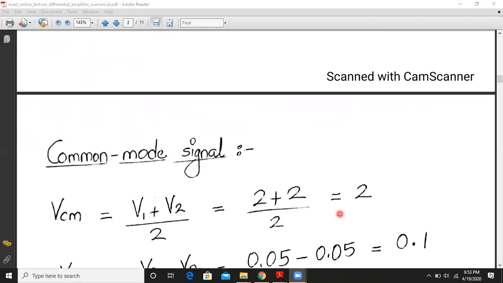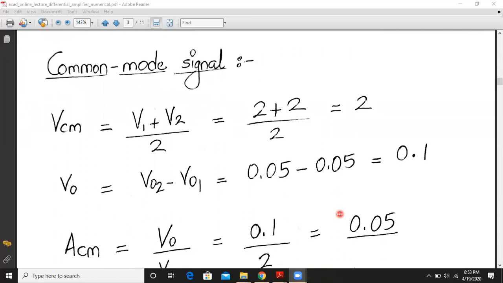The second condition says both the inputs are 2 sine omega t. So the magnitude is 2 for both the inputs. The common mode input definition is V1 plus V2 divided by 2. Hence, VCM, which is the common mode input signal, is given by 2 plus 2 divided by 2, that will be 2.